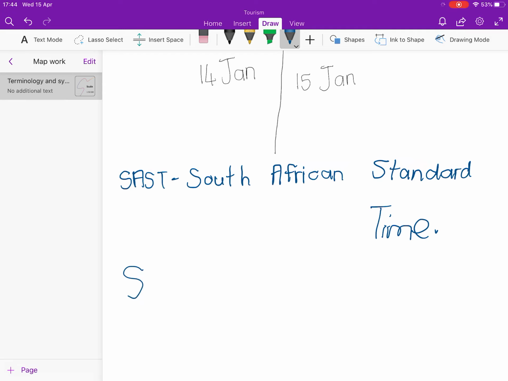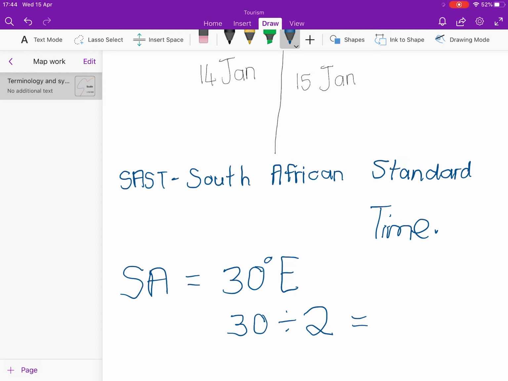You need to know that SA's line of longitude is the 30-degree east line. Now, if you take this 30 degrees and divide it by 15 degrees, you get 2 hours, meaning we are in the +2 time zone because we pass 2 sections of 15 degrees on the face of the earth in terms of lines of longitude.